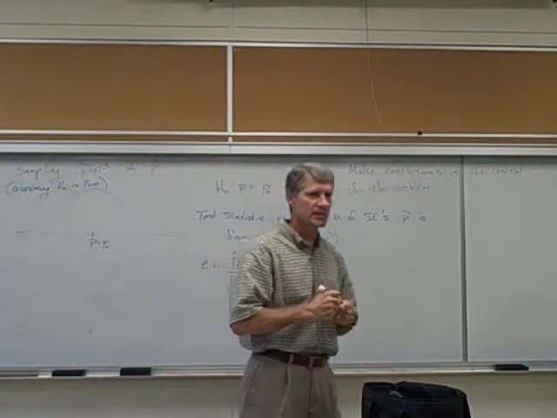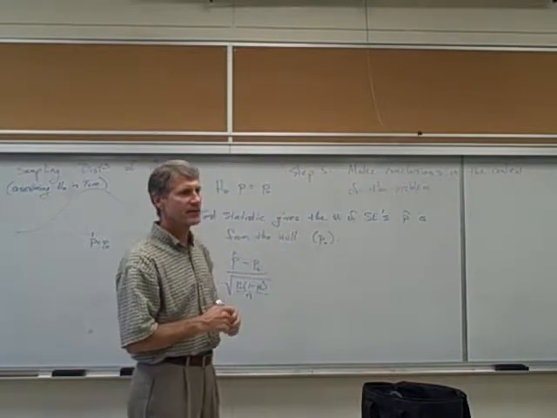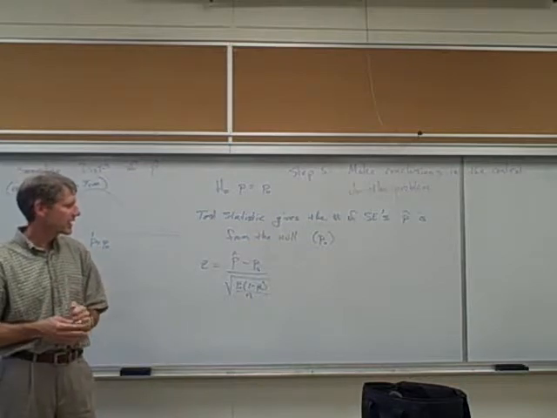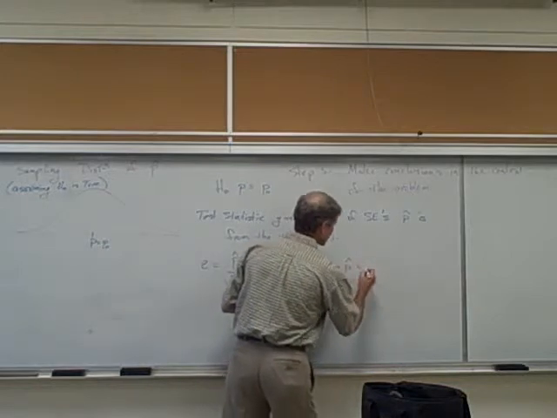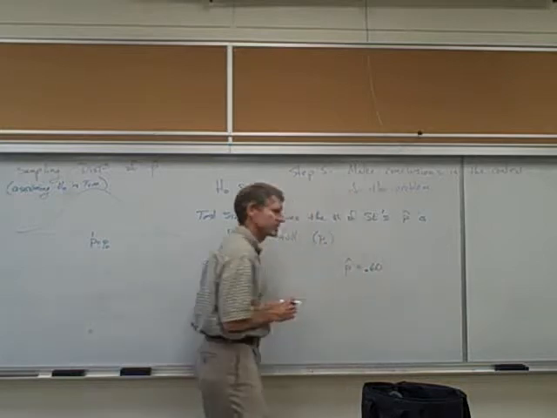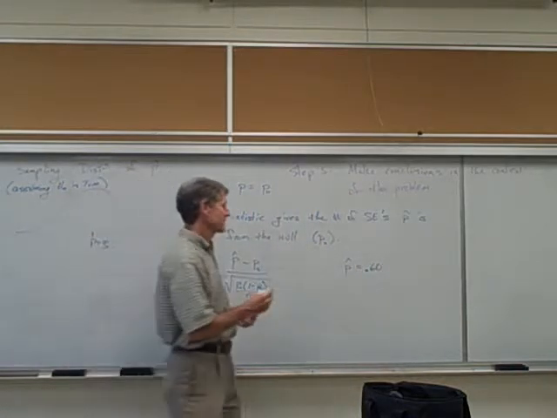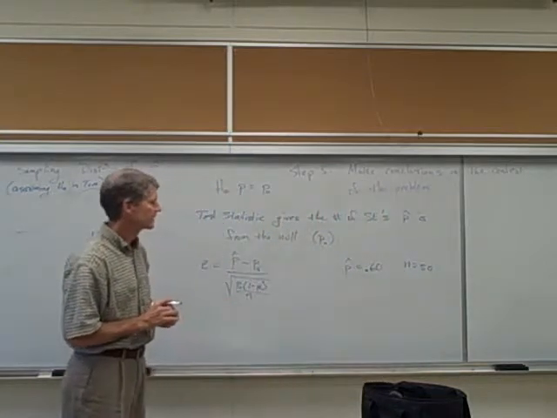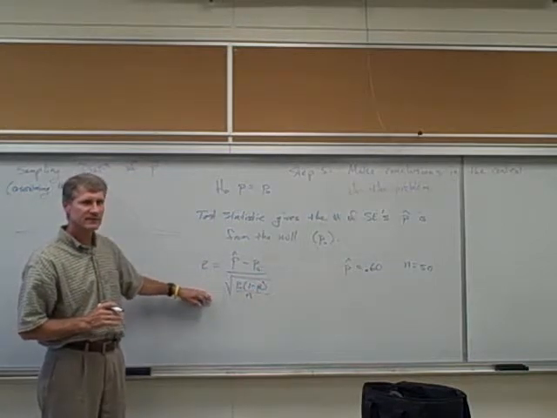Now let's suppose that we did a bigger study on your ESP, and we found that somebody guessed p hat correct 60% of the time, 0.6. And we'll say we flipped it 50 times. So n was 50. Right? What would that test statistic be?